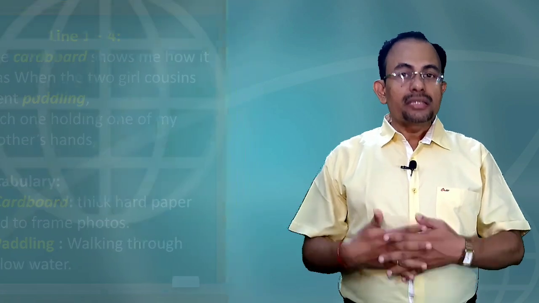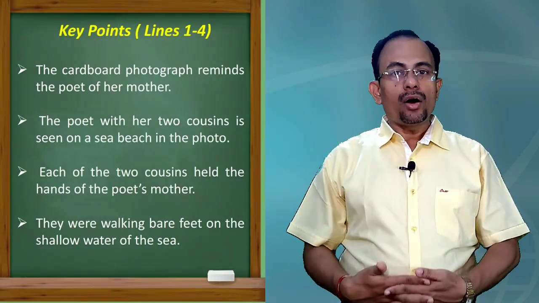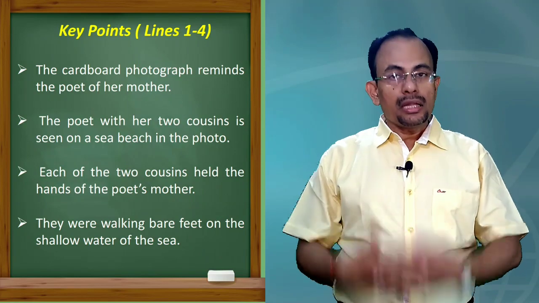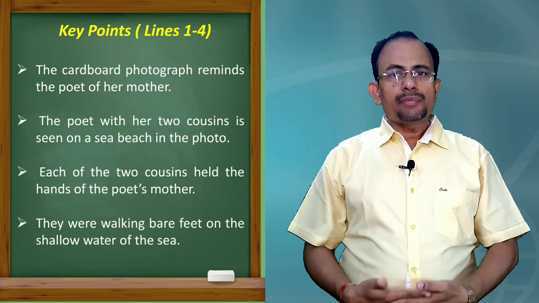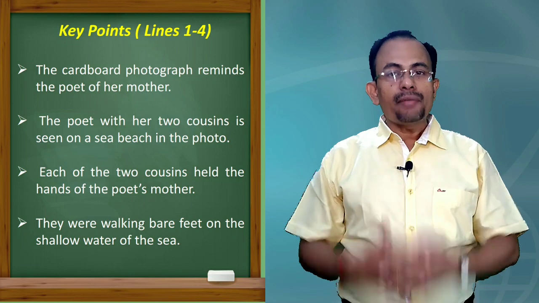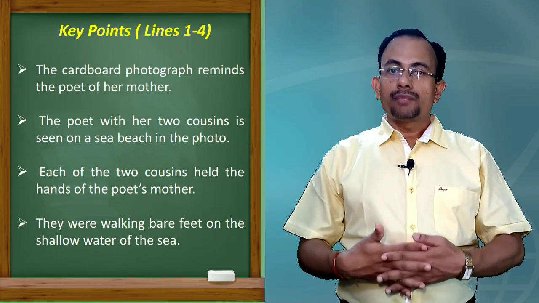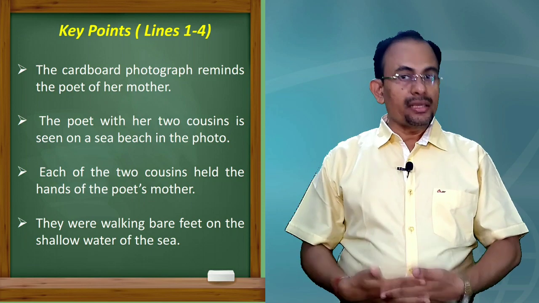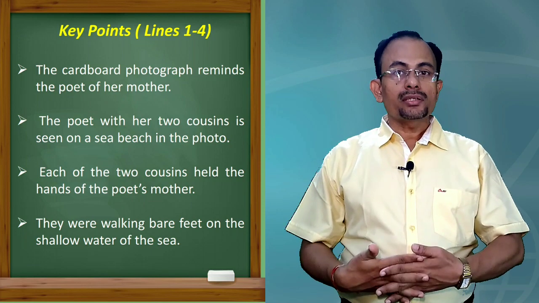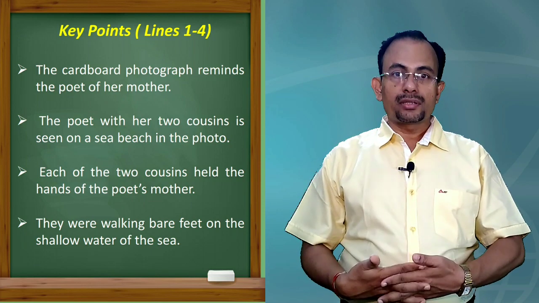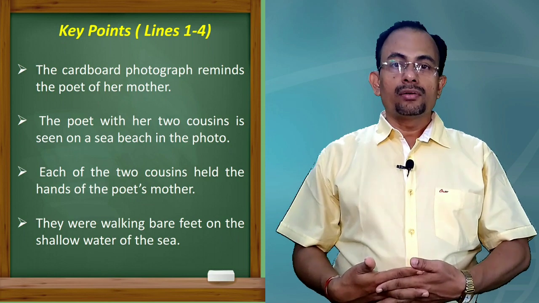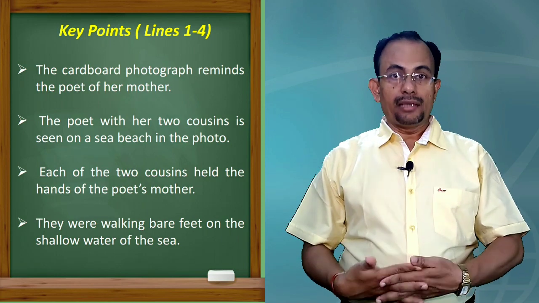Now, let's discuss the meaning of these few lines. The cardboard photograph reminds the poet of her mother. The poet's mother has been dead for many years now. So the poet is recollecting the moment when her mom was alive.